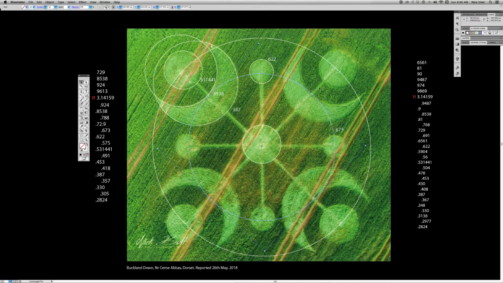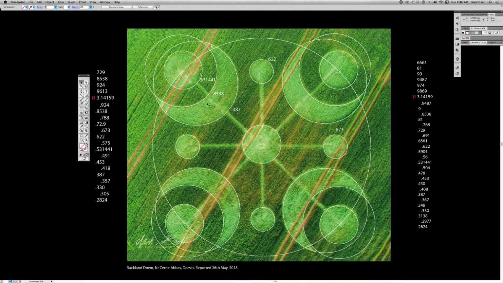And mind you, that's just a construction circle. I'll take that off. As is that one, take that off. And the rest of these, they're the same as this set here. So those are the ratios in there.